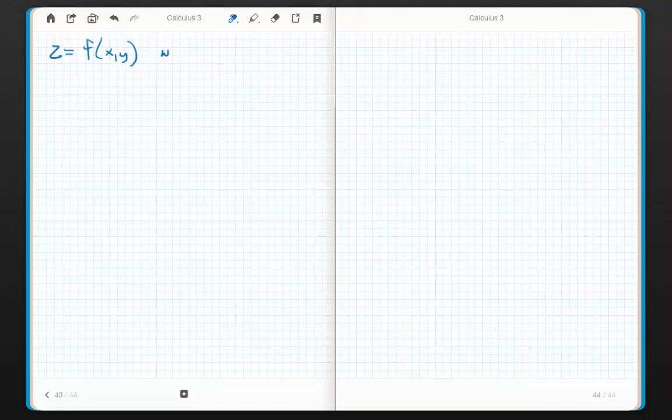But what happens where x is equal to its own function, right? So let's call it of two variables. Let's call it g of st, and y is equal to h of st. Oh, good God.